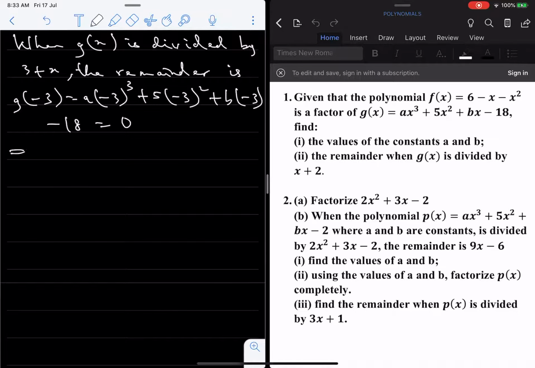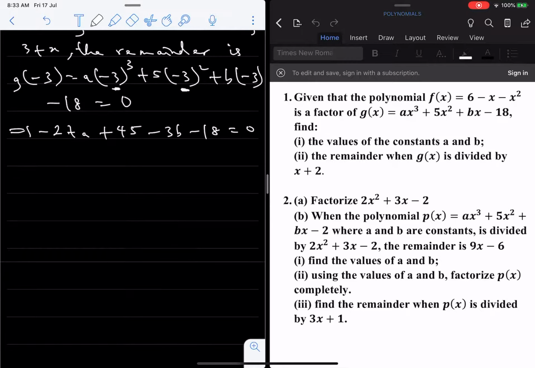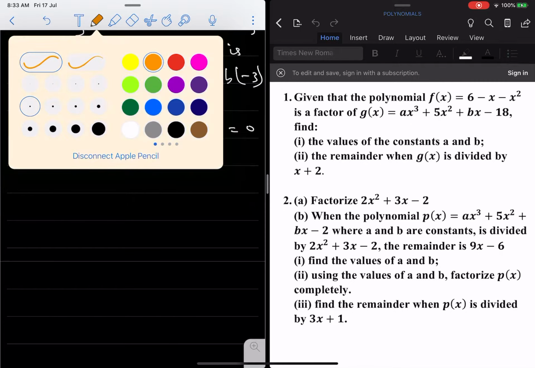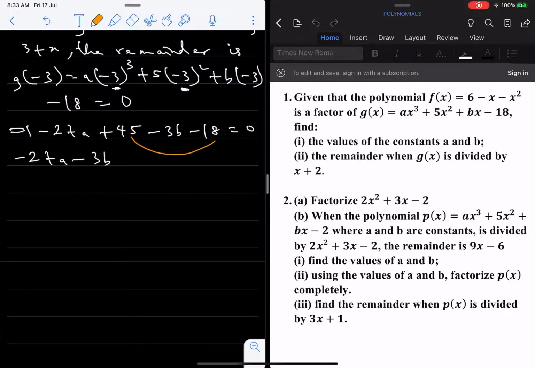So what does that mean? Minus 3 cubed is minus 27 times a, that's minus 27a. Minus 3 squared is 9 times 5, that's 45. Minus 3 times b is minus 3b, minus 18 equals 0. And then we have minus 27a minus 3b, and you can see 45 minus 18 is 27, plus 27 equals 0.